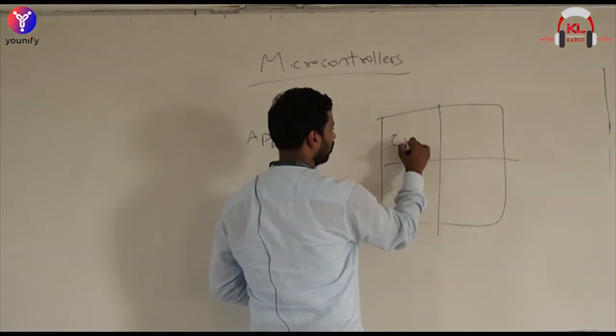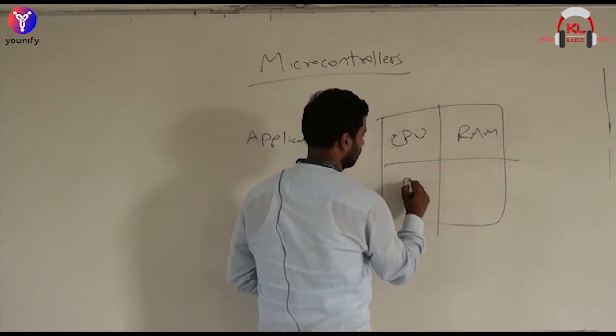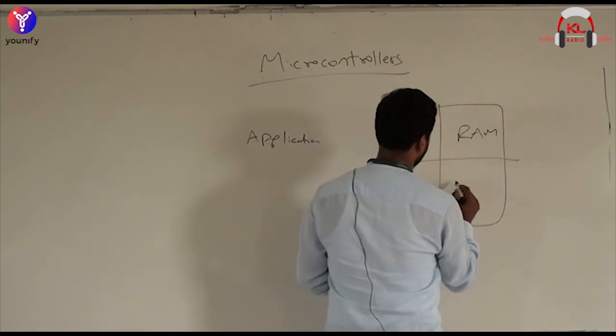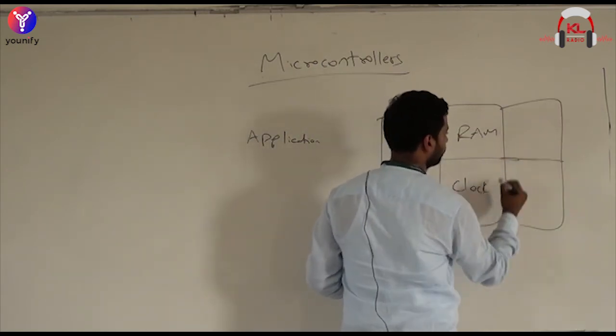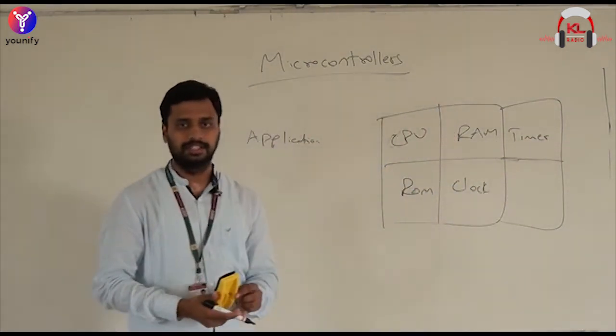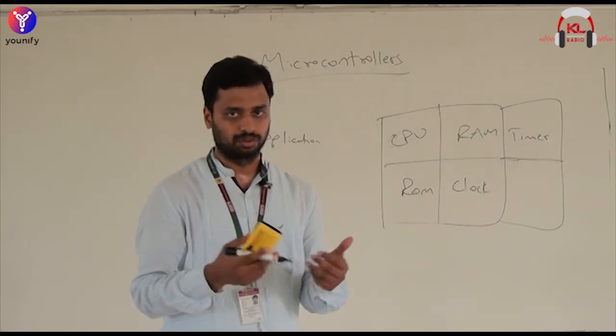That means you have a processor inside it. Along with the processor, you have a RAM, you have a ROM, and maybe you will have a clock. You will have timers. Why do you require a timer? Every operation that you see is time based. Lift: after 5 seconds, the door should close.